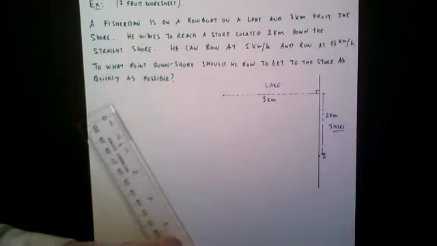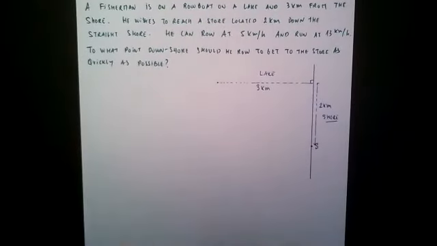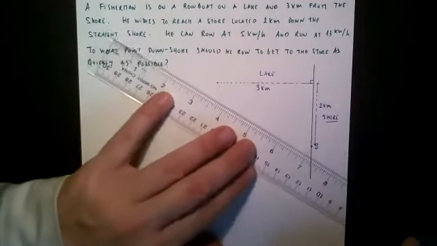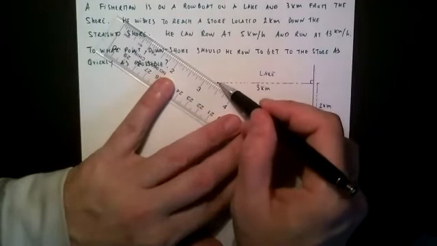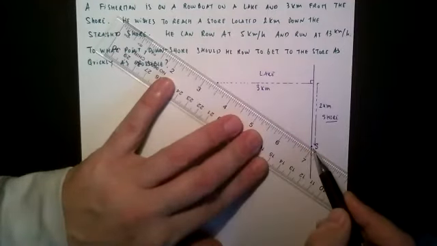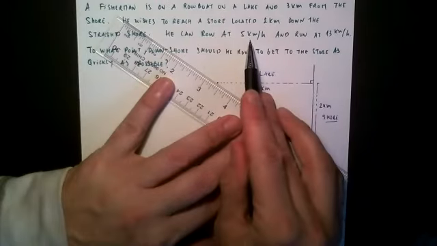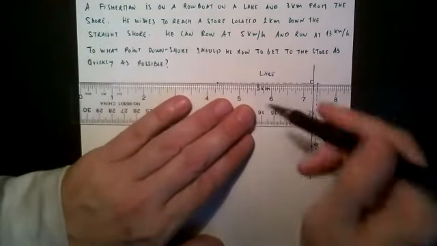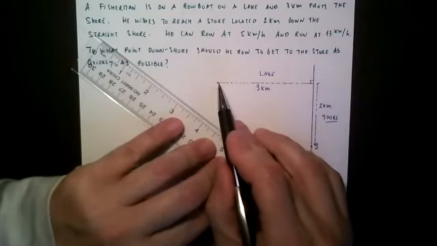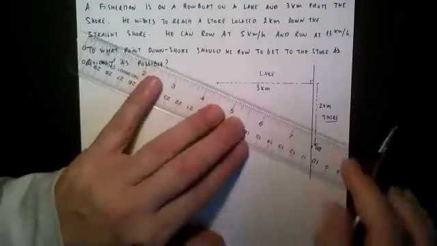The question is, you know how fast he could row, and you know how fast he could run. So of course, if he rows all the way from here straight, well, he's traveling the smallest distance, but he's going much slower because he just goes at 5. And if he rows here and then runs, okay, so of course he's going to run fast here and he's going to row slow here on a short distance, but he's traveling a much longer distance. So there must be a point somewhere here.